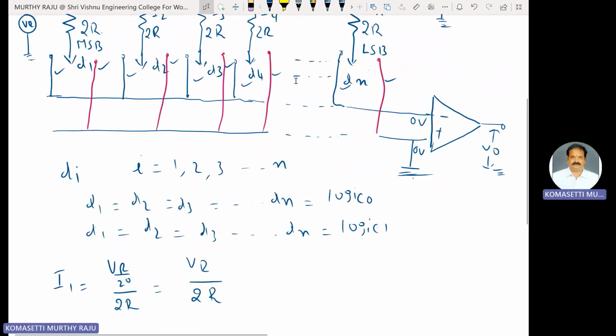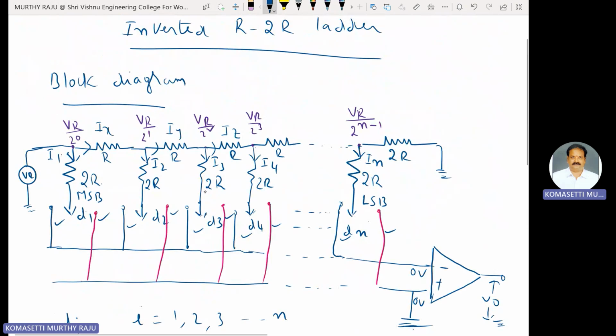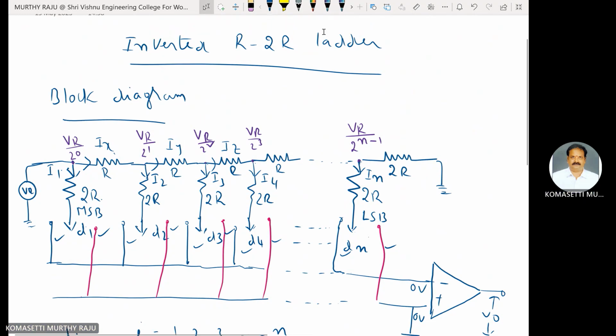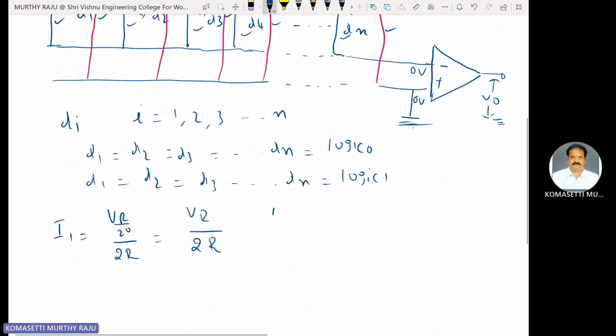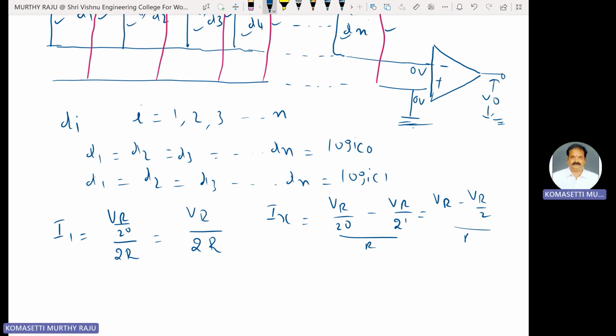Now calculate Ix. Ix is equal to the voltage VR by 2 power 0 minus VR by 2 power 1, divided by R. Therefore, Ix is equal to VR minus VR by 2, by R. That is 2VR minus VR, that is VR by 2R.